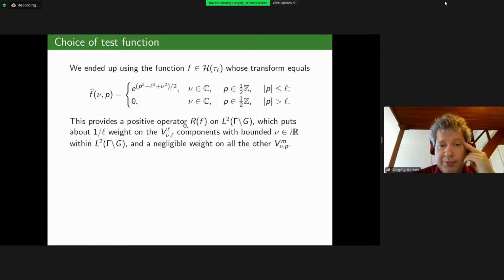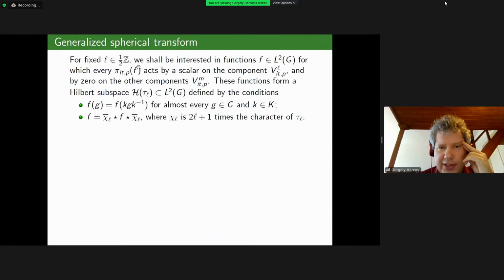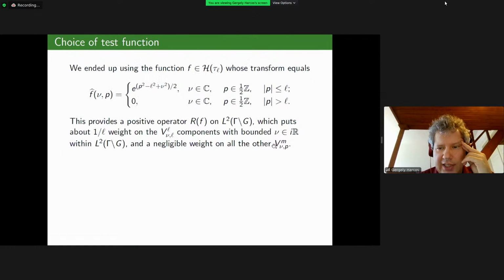And this does provide a positive operator R_f on the automorphic L2 space, which puts about 1 over L weight on the V_{nu,L,L} component with bounded nu and a negligible weight on all the other components V_{nu,p,m}. Note that when m is distinct from L, already we put weight 0 because that's how we created this function space. So for m not equal to L, that is already out of the game. And if p is not equal to L, then p is strictly less than L, which makes this function exponentially small. That's what I mean by negligible.